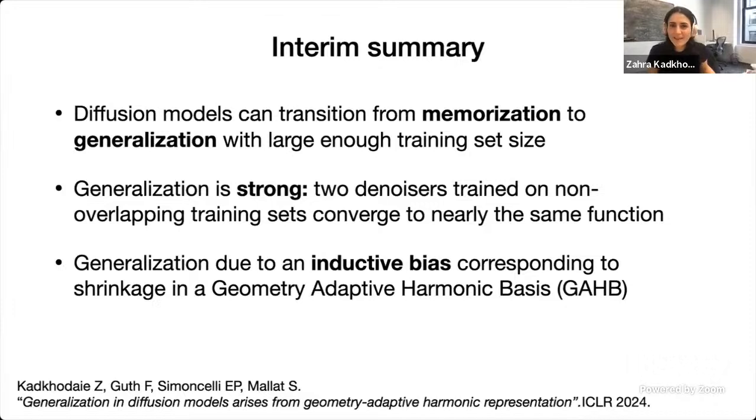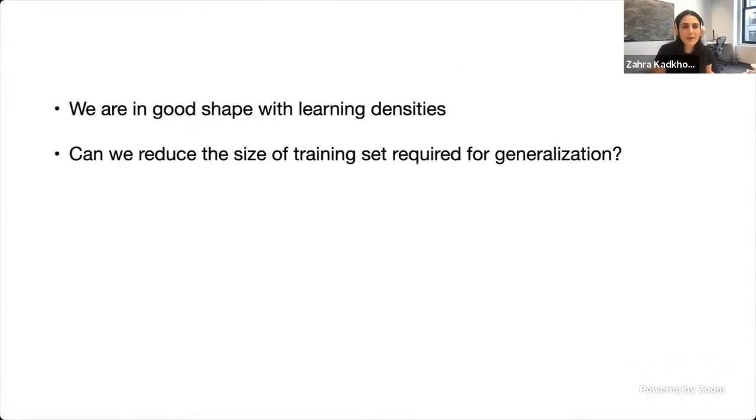All right. Okay. So I have 15 minutes, so I'm going to go through the second part. It seems like now we're in good shape with learning densities, because we showed that if you have enough data, like 100,000, it's not little, but it's feasible.